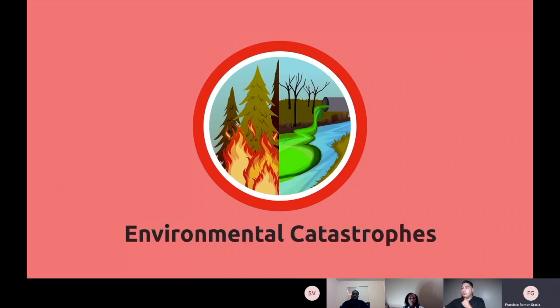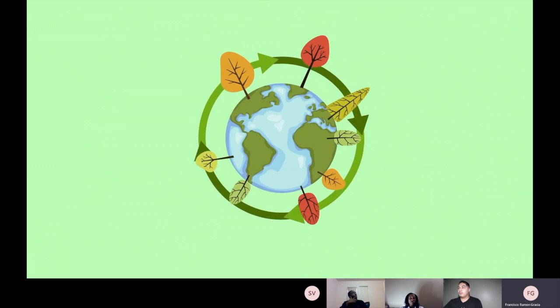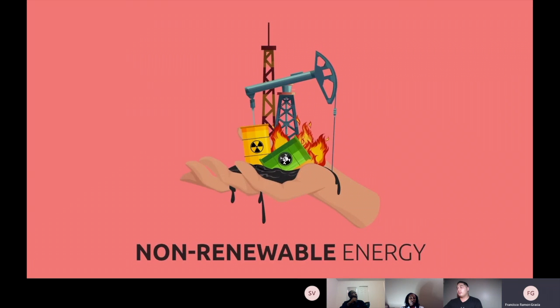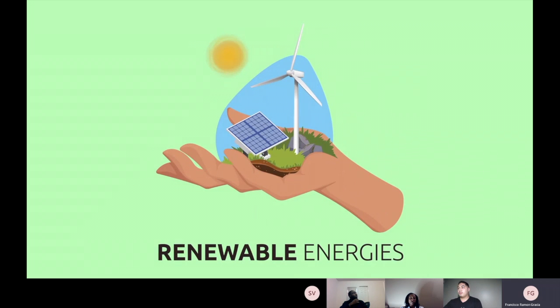When there's an accident related to non-renewable energy resources and residues, environmental catastrophes of great magnitude may occur, which are crucial for the Earth and all living beings. To reach the world energy objectives and help take care of the environment, it's indispensable to reduce the use of non-renewable energy resources and accelerate the transition towards renewable energies.